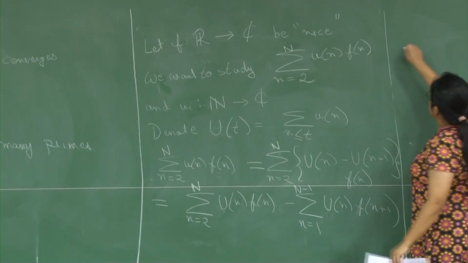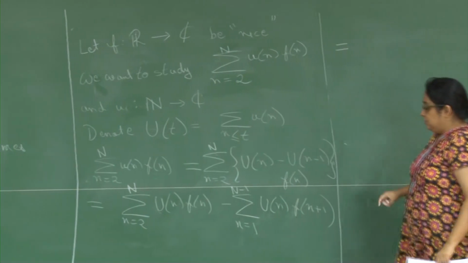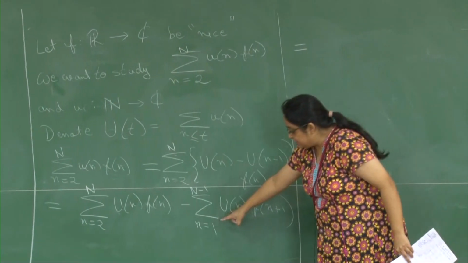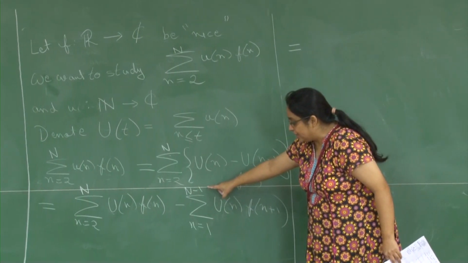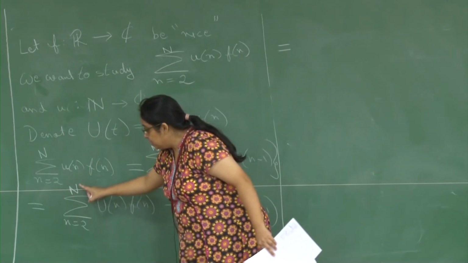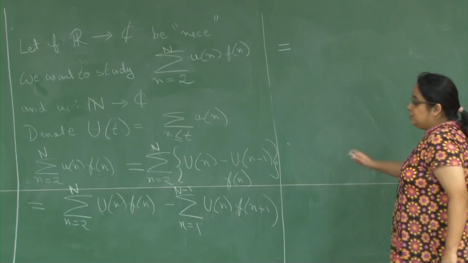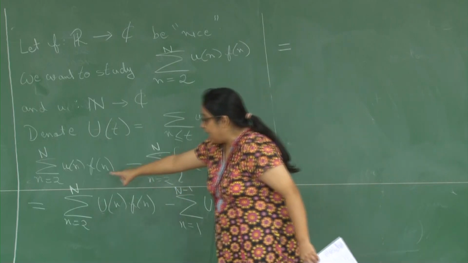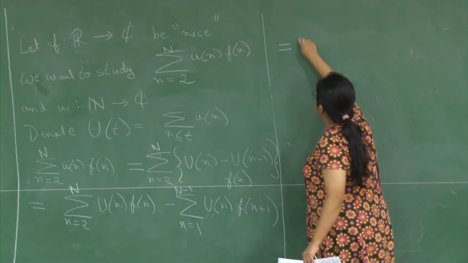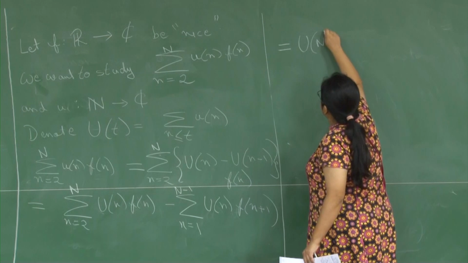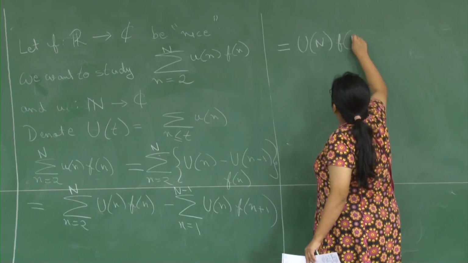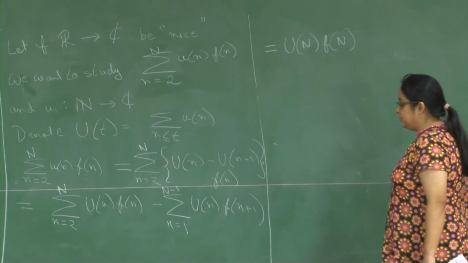So, we take this out. This sum is going from 1 to capital N minus 1, and this is going from 2 to N. So, from the first sum we take out capital N. So, let us write U of capital N f of capital N.